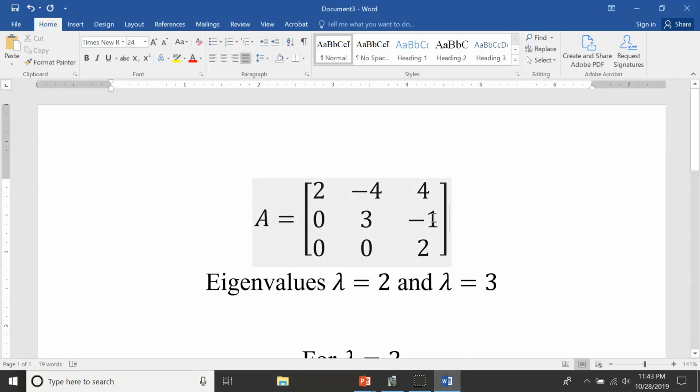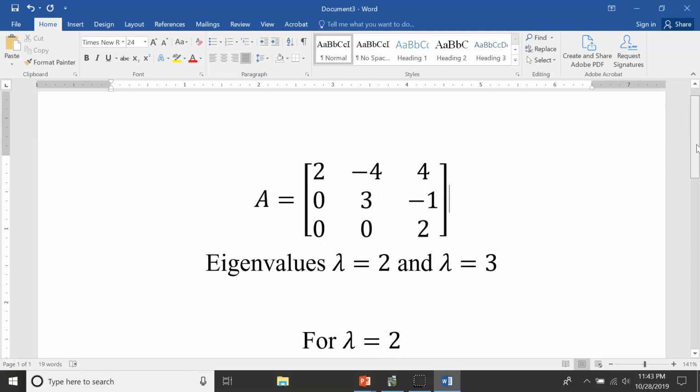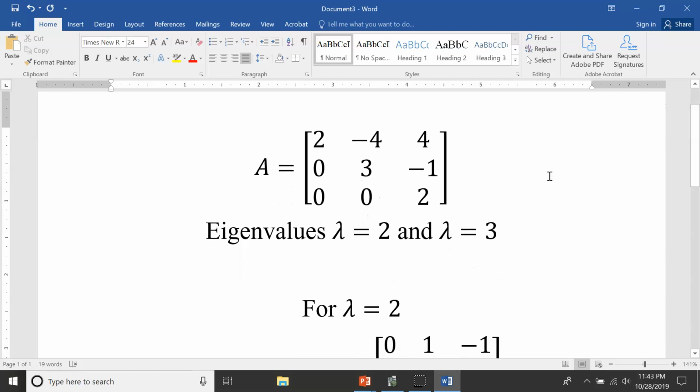We take a look at the matrix, and obviously the eigenvalues are 2 and 3, because it's triangular, they're on the diagonal. 2 is the eigenvalue of interest because it has multiplicity of 2. 3 has multiplicity of 1, so we know it's going to generate an eigenspace with dimension 1. So 3 is good. 2 is the one we need to look at.